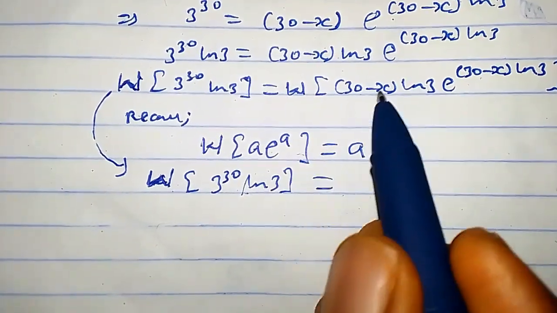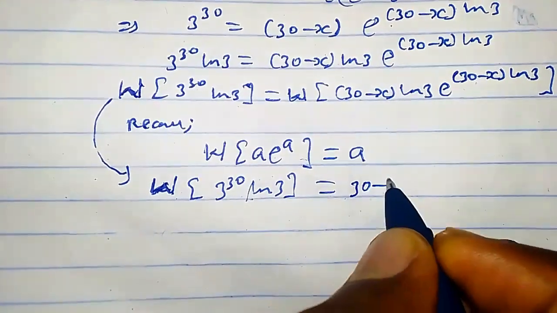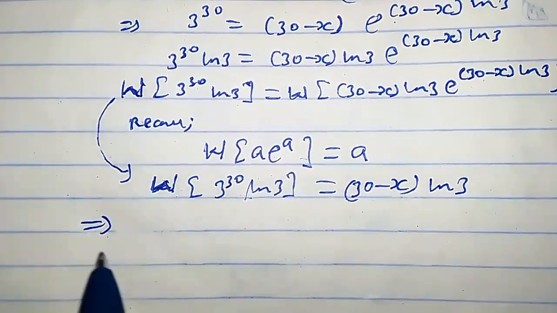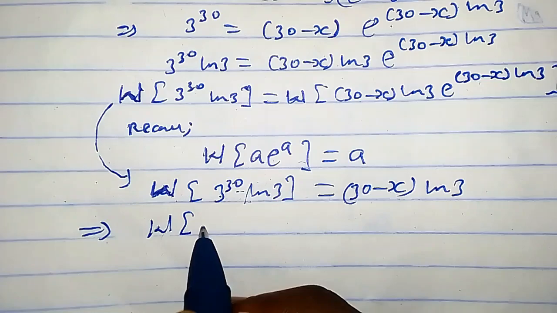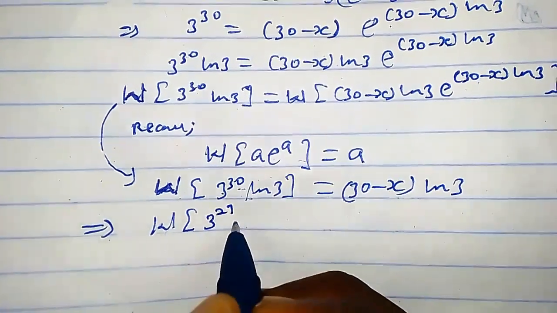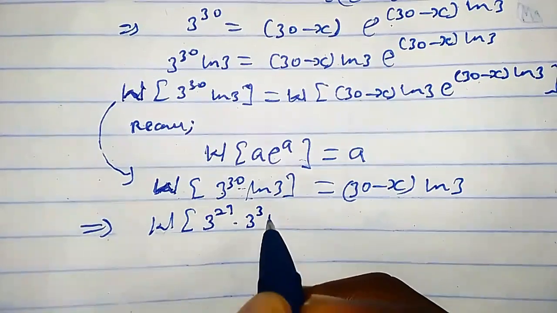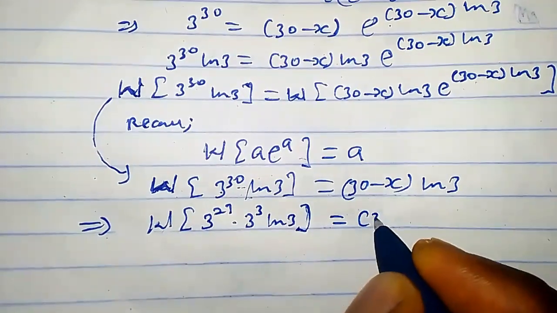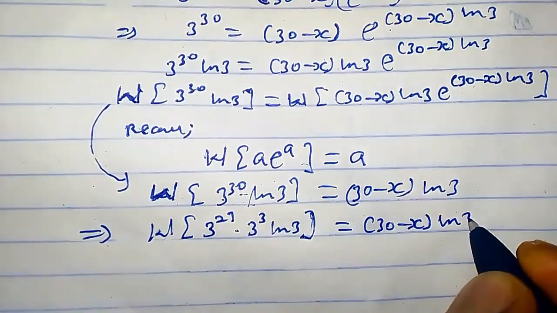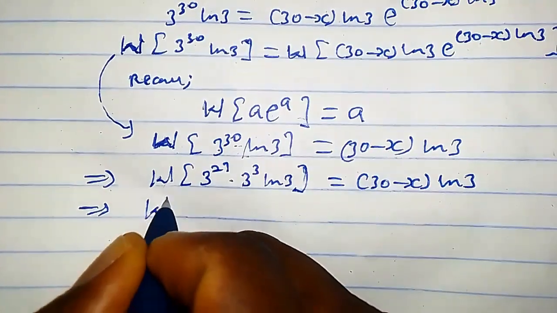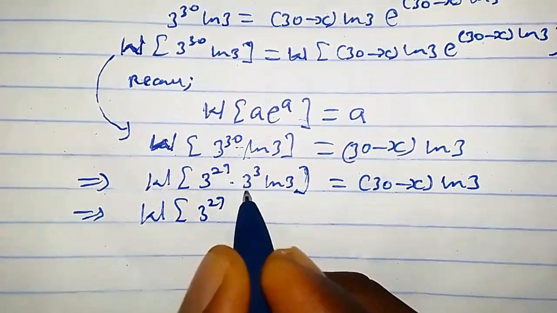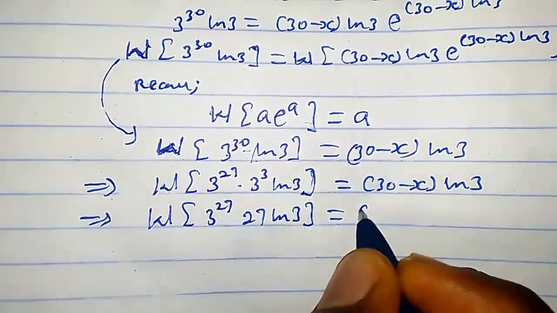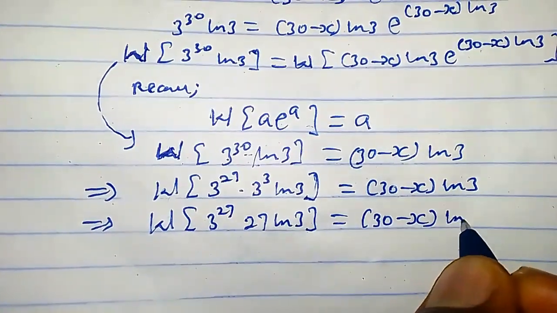So using this condition, we're going to have 30 minus x times ln 3, because that's just a. So this implies that W of 3 raised to power 30 can be written as 3 raised to power 27 times 3 raised to power 3, times ln 3, which is equal to 30 minus x times ln 3. So this implies that we have W of 3 raised to power 27, 3 raised to power 3, that's just 27, times ln 3, which is equal to 30 minus x times ln 3.